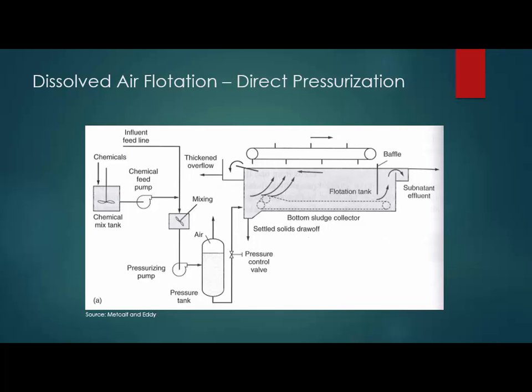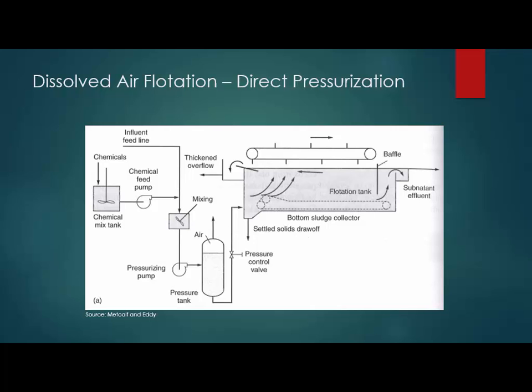So here we've got a couple of flow diagrams from the textbook. Here you can see addition of coagulant goes through a mixing process. This is actually the direct pressurization setup. The entire flow goes through the pressurizing pump and into the tank.